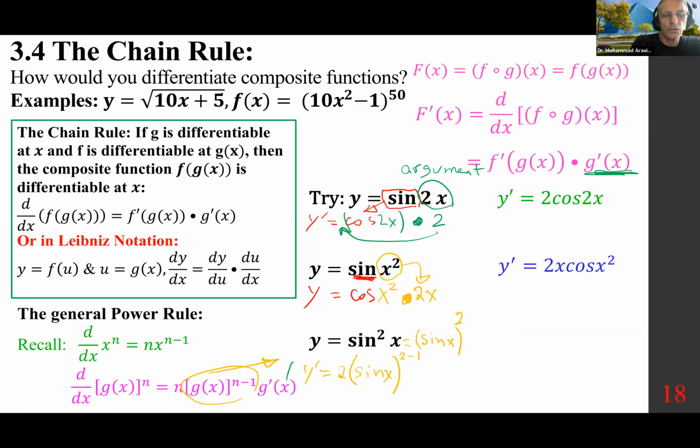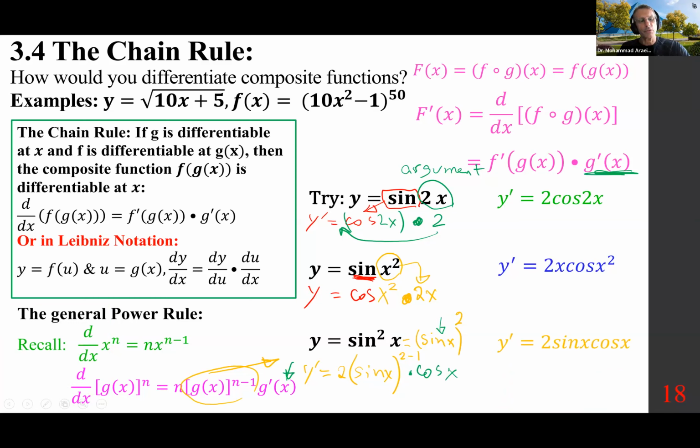And now I need g prime. So I need the derivative of the inside. The derivative of sine is cosine x. So I have 2 sine x cosine x. And some of you may remember this is sine of 2x, but that's not the point here, everybody.